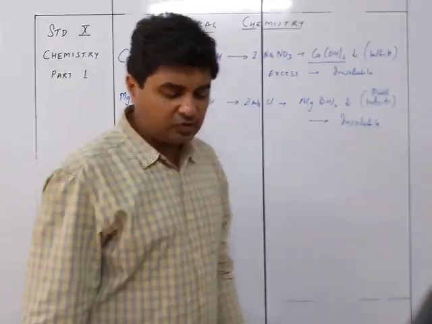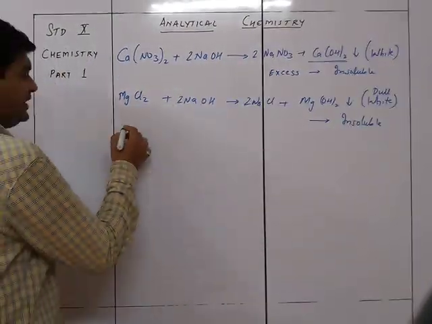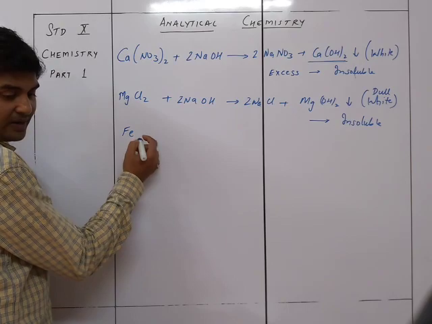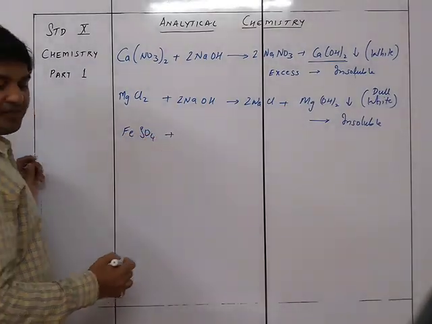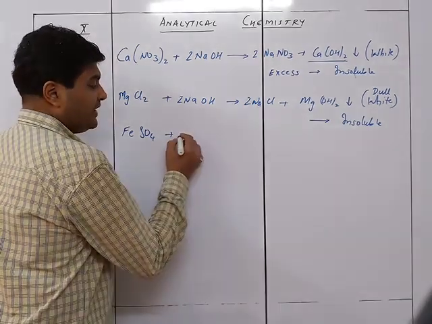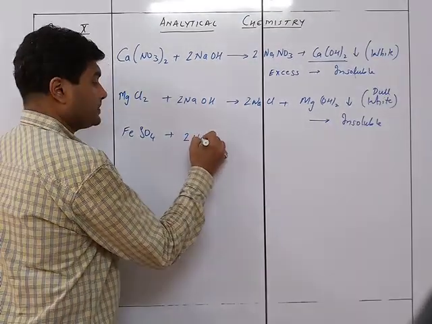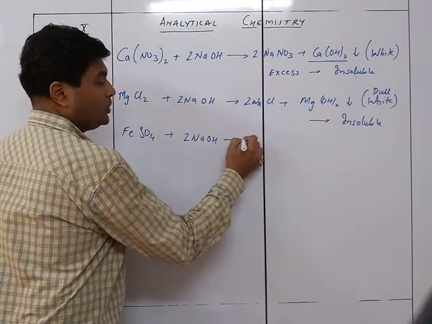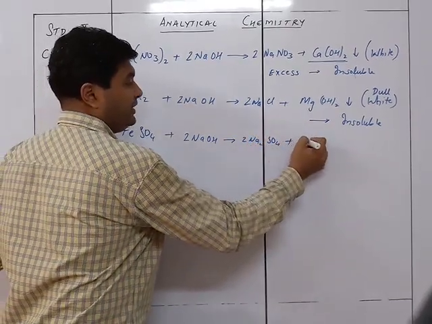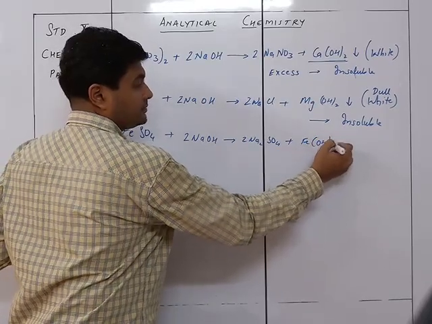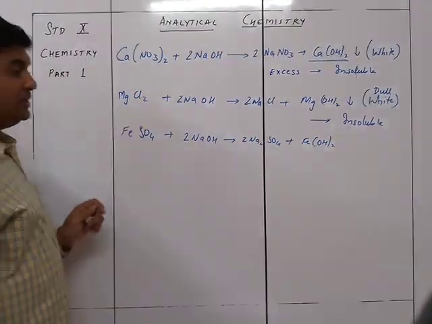We now move on to the next one, and that is ferrous, Fe2+, so it will be FeSO4. So it is ferrous sulfate. So FeSO4 plus 2NaOH is going to give me Na2SO4 plus Fe(OH)2. Okay, so this is the reaction.